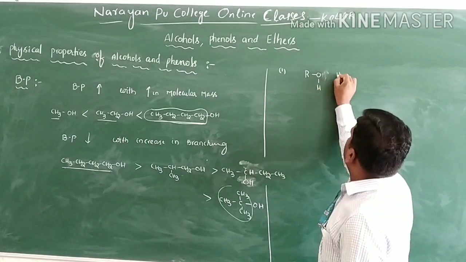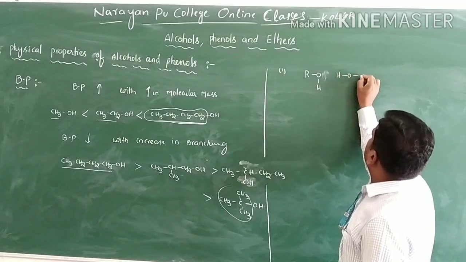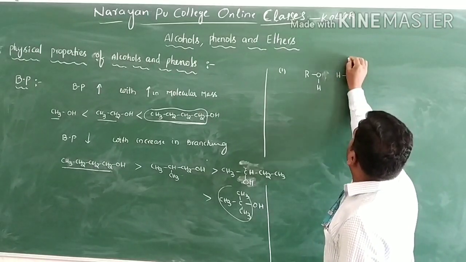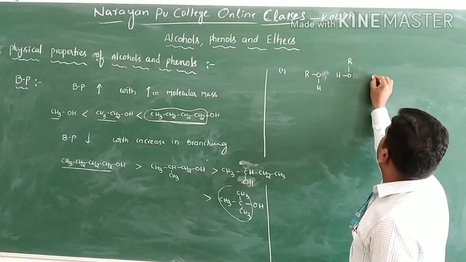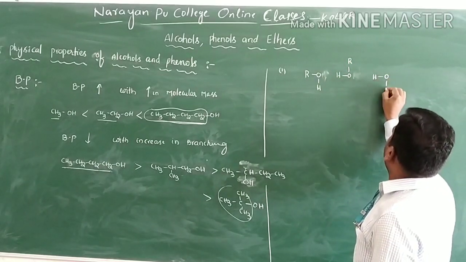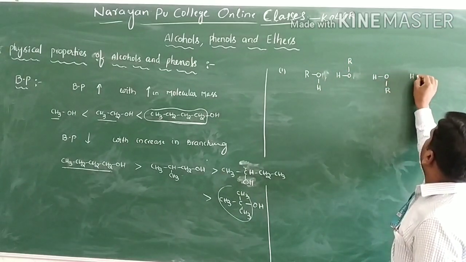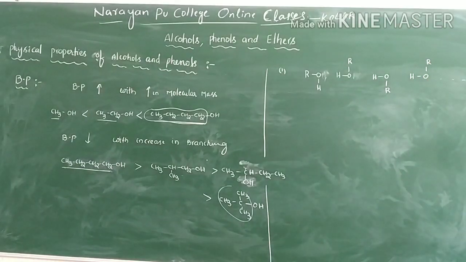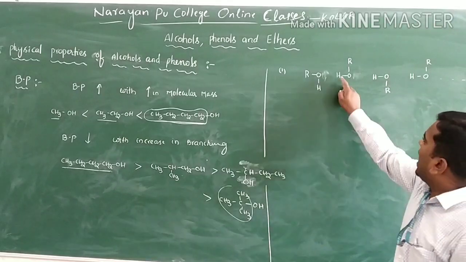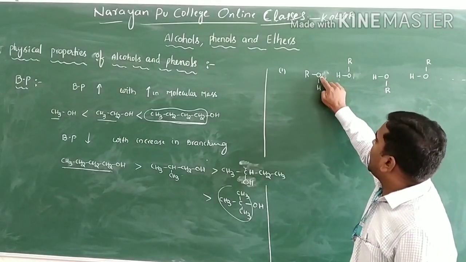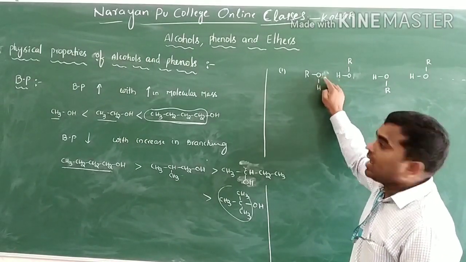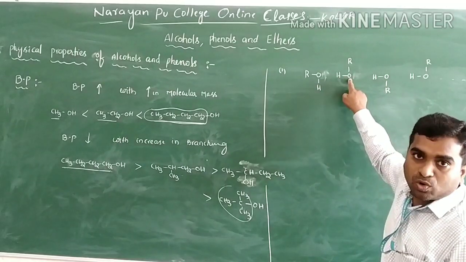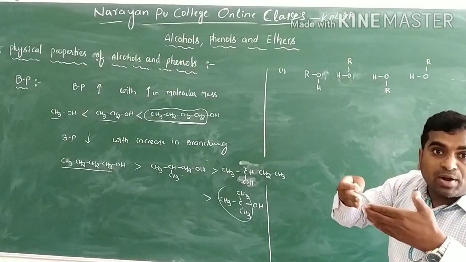I will write another molecule here: this is O and R. And I will write another molecule, and here H and O and R. Keep on writing this. Then what happens? Here H and oxygen: oxygen is a highly electronegative atom, and hydrogen which is attached to a highly electronegative atom is involved in hydrogen bonding.